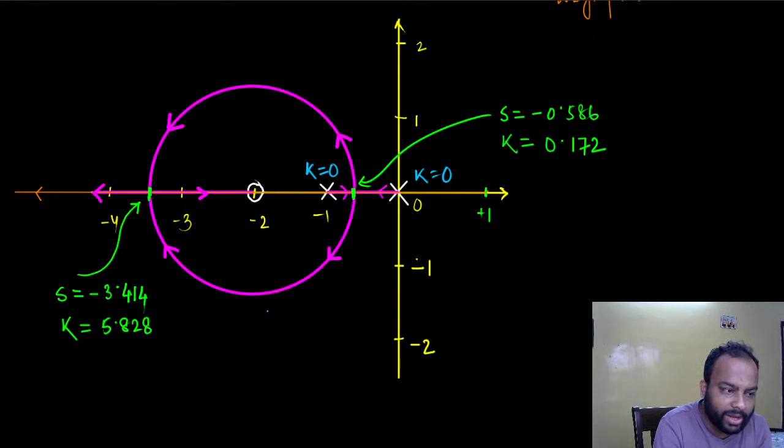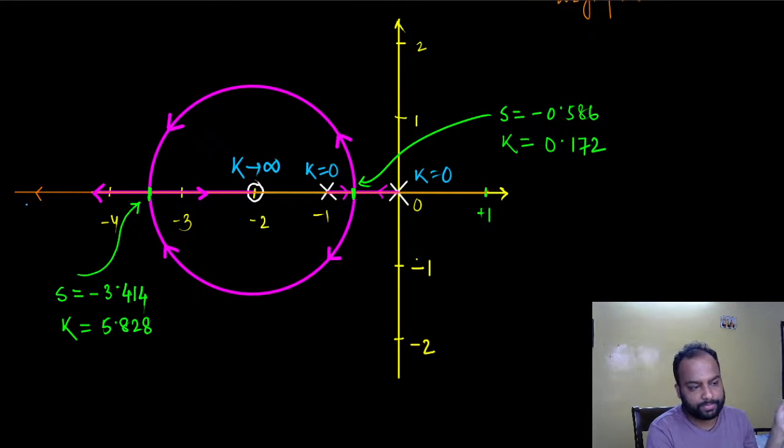Then when the gain became 5.828, they met again on the real axis at the point s equal to -3.414, and from there, as the gain went on to become infinity, one of the roots approached s equal to -2, which is one of the open loop zeros, and the other one followed the asymptote. That is the root locus of this system.